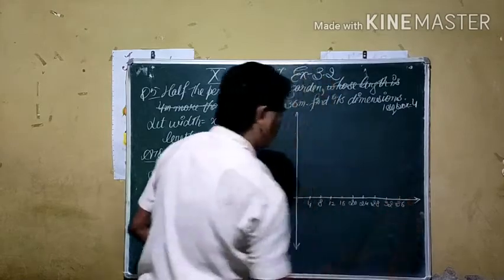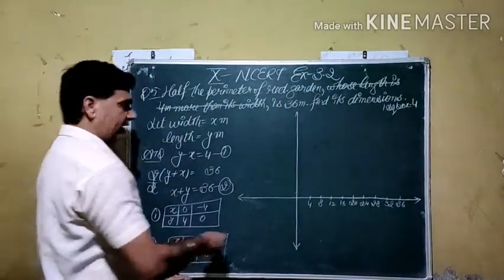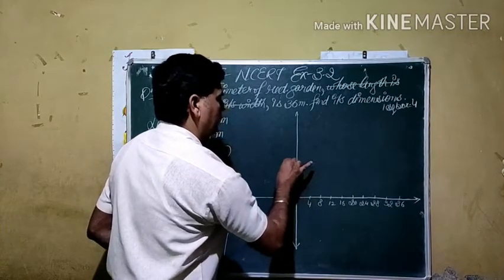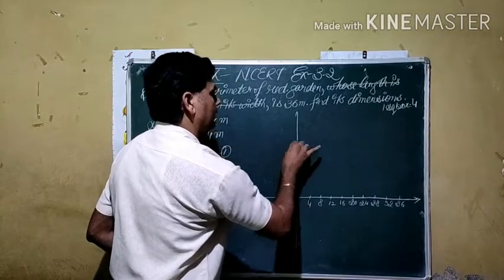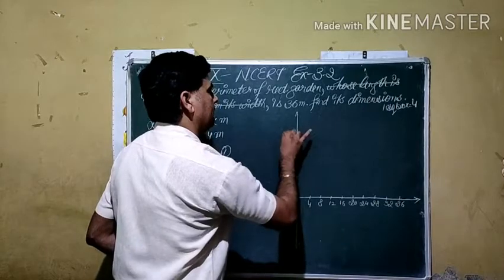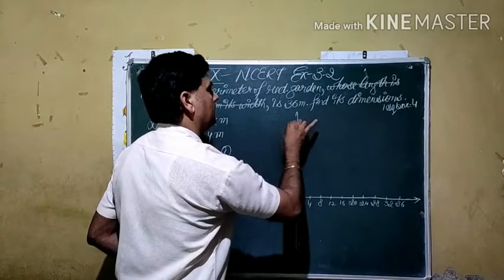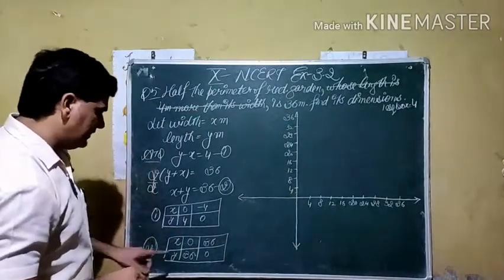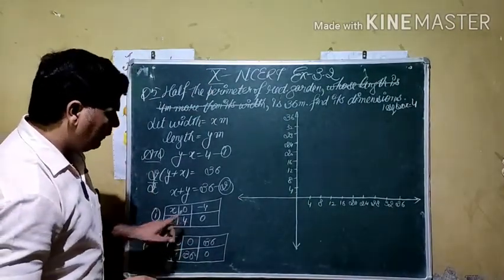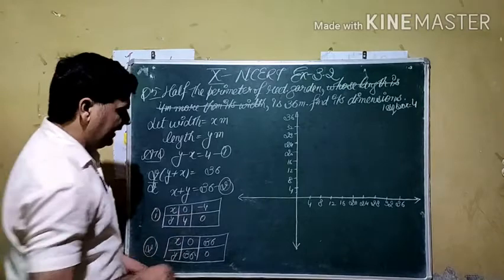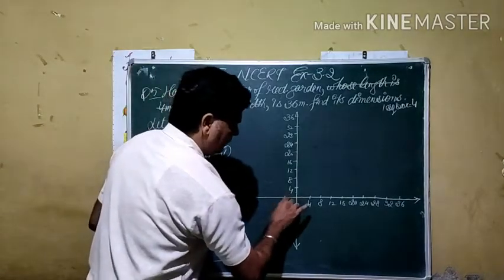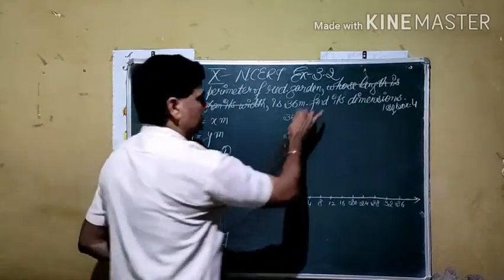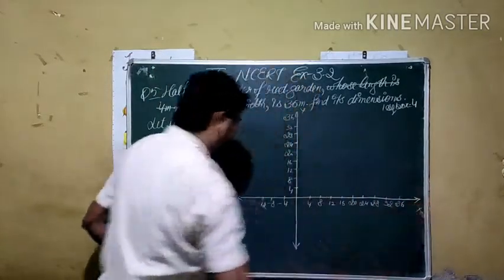Same on the y-axis, we require 9 boxes. This is the requirement on the y-axis for 36 and 4. On the x-axis we require negative values also: minus 4, minus 8, minus 12. Use equal spacing. This is the y-axis and this is the x-axis.